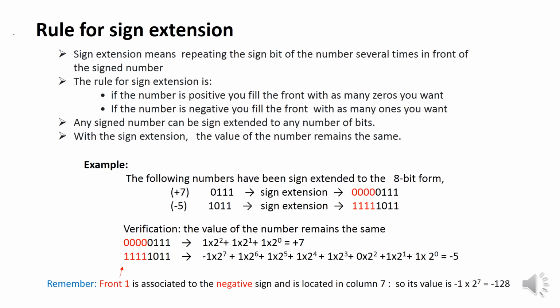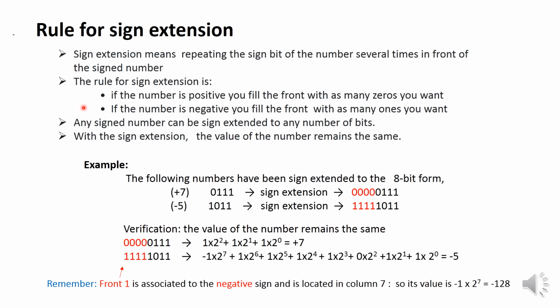Sign extension means repeating the sign bit of the number several times in front of the signed number. The rule for the sign extension is: if the number is positive, you fill the front of the number with as many zeros as you want.